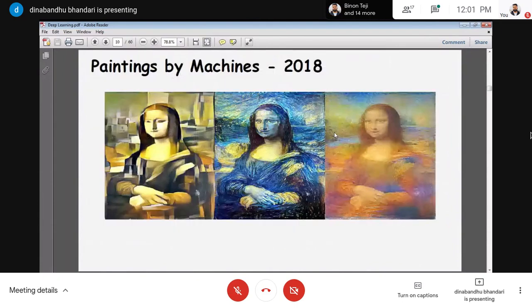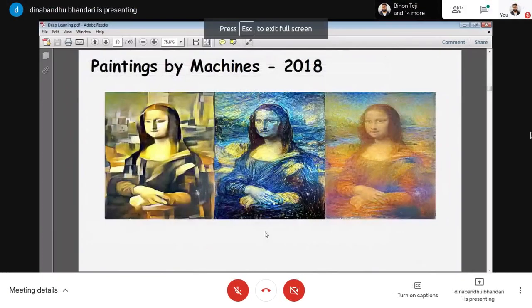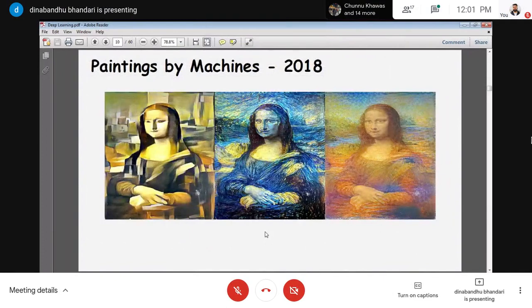I was telling that now people are trying to learn the pattern, the way one artist used to draw or paint pictures, and then if something new comes up, like the Mona Lisa, Leonardo da Vinci's painting, how would it look if painted by different famous painters?